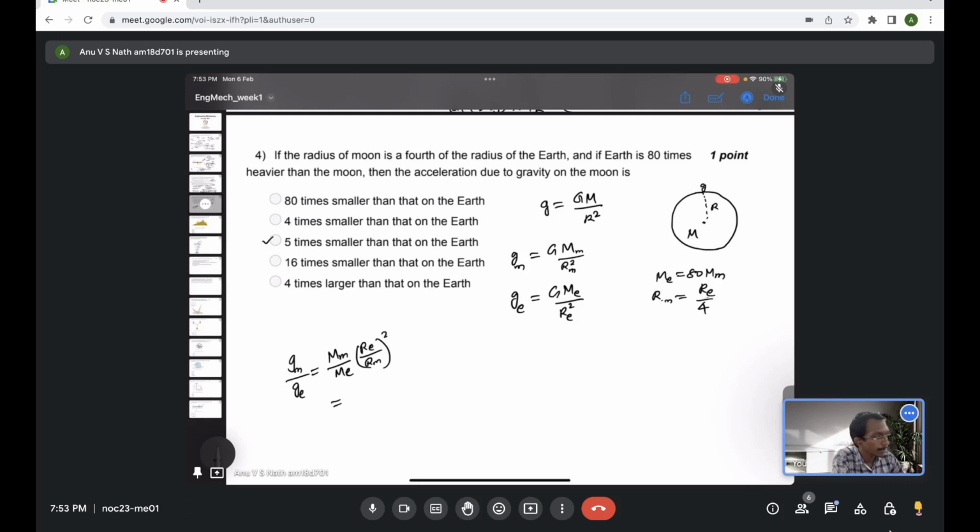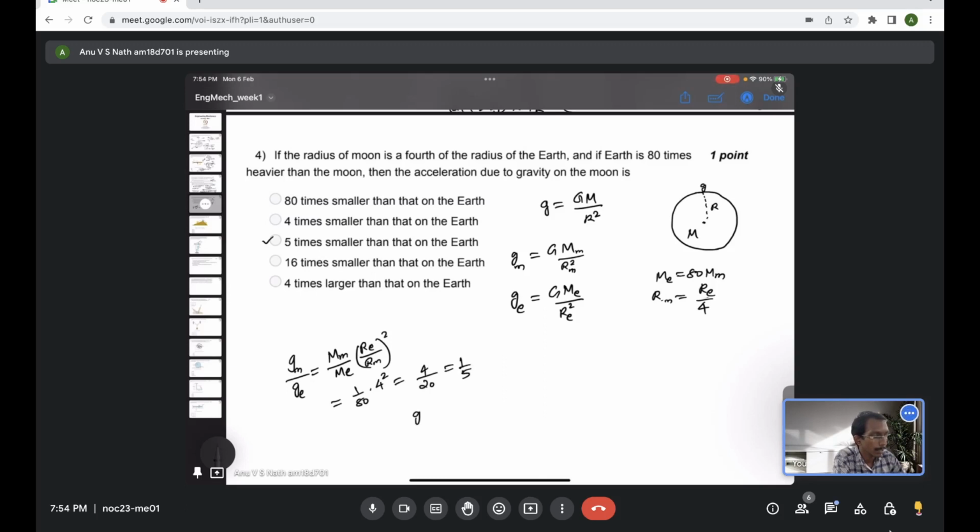So now if we just use this information here, mass of the moon by mass of earth is 1 by 80, radius of earth by radius of moon is 4, square of that, so 4 square, which will be 16 by 80 or 1 by 5.